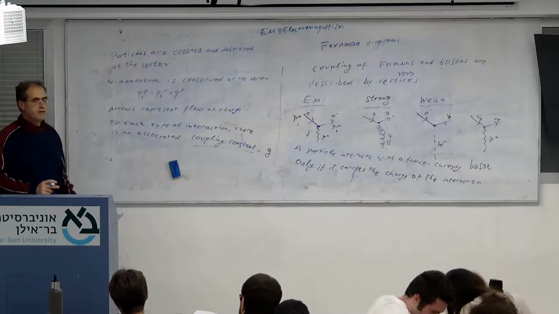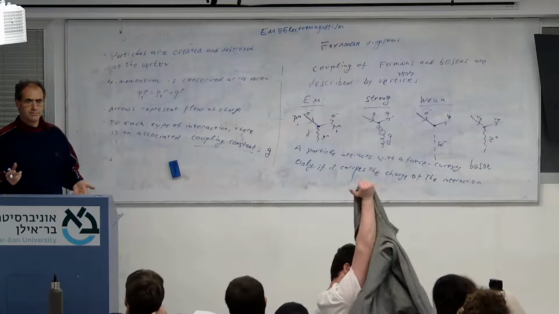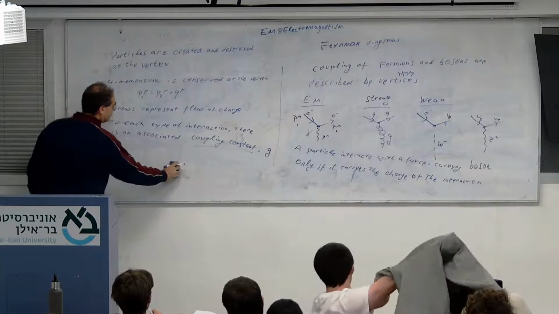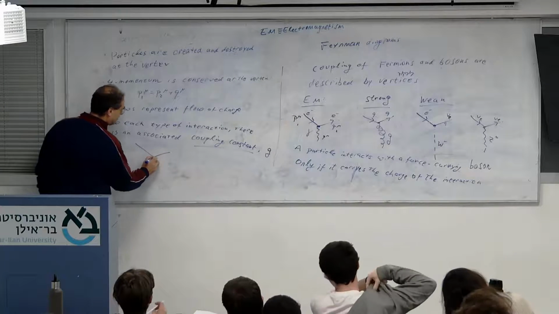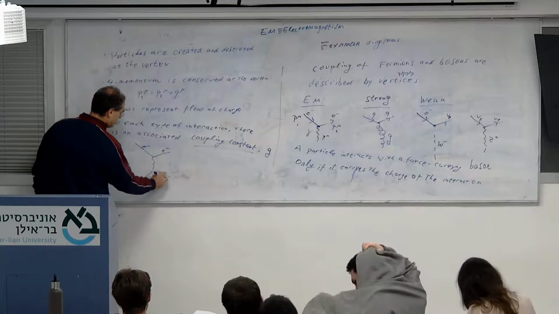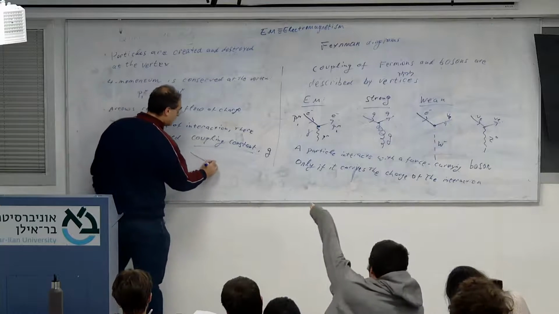Because if you want to describe interactions between particles, let's say scattering of electrons, then the first order Feynman diagram would look like that. But we also have Feynman diagrams that would look like that.